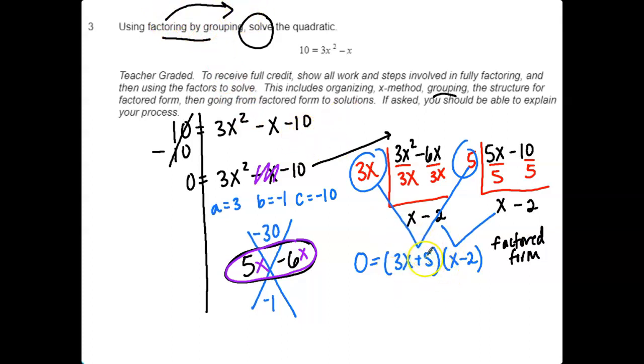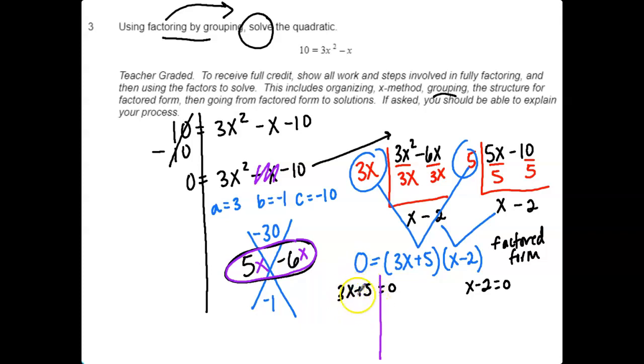So if we remember that our factors get set equal to 0. So again, I'm going to take 3x plus 5 and set that equal to 0, and then x minus 2 and set that equal to 0. All right, so I need to solve for x, and if I'm solving, I'm doing my order of operations in reverse.